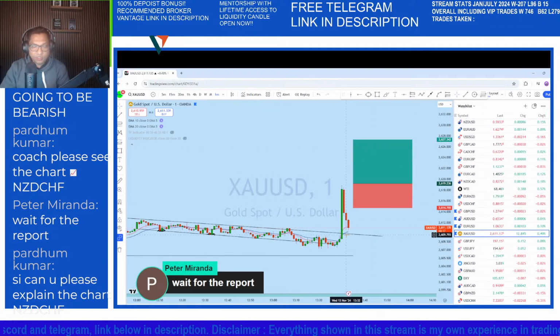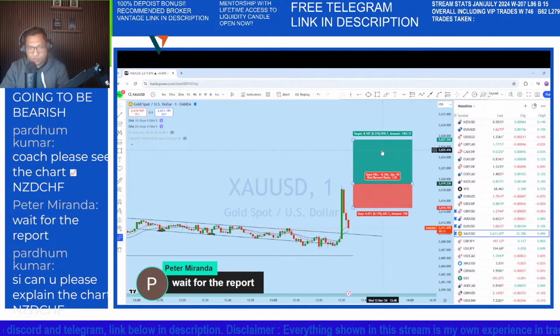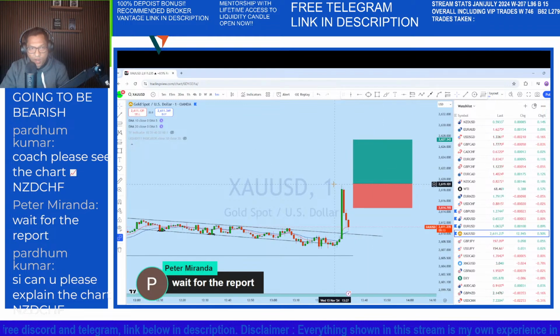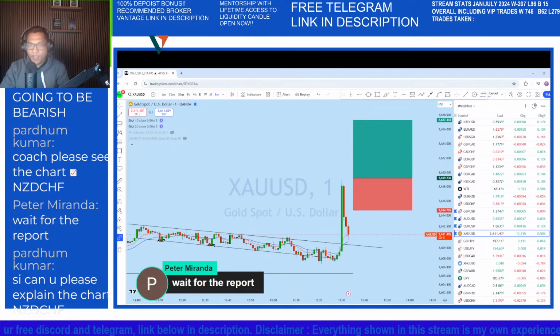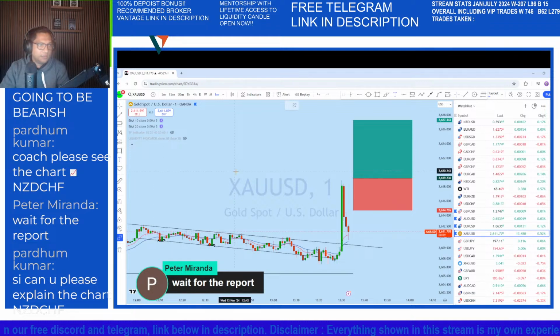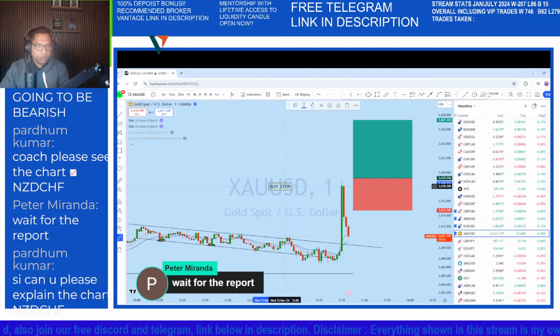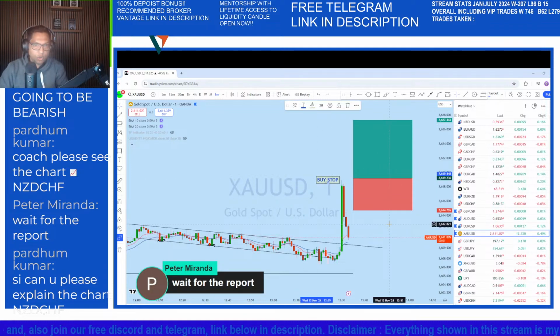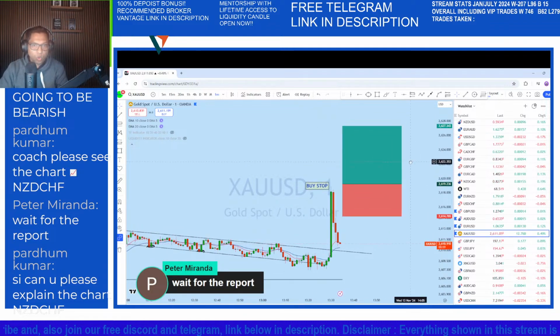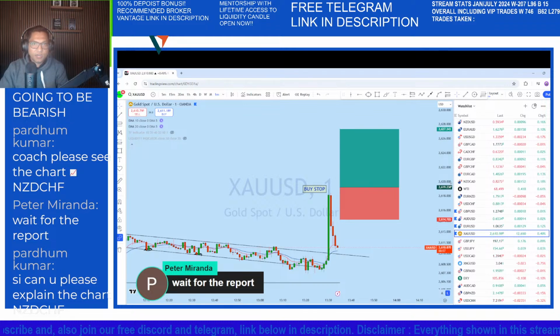I would like to see the market bounce, then we can enter on breaking the swing high. So buy stop at 2619.23, stop loss at 2614.76, TP target 2627.343.